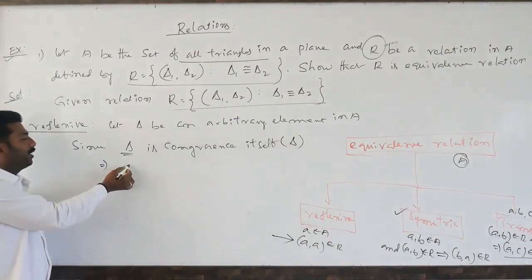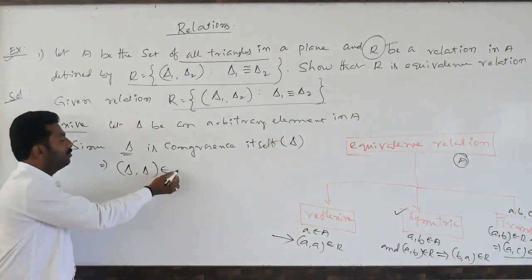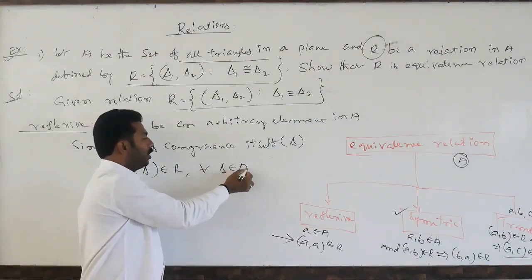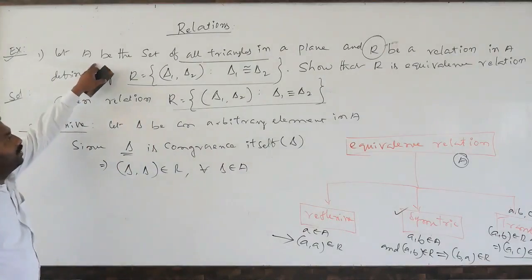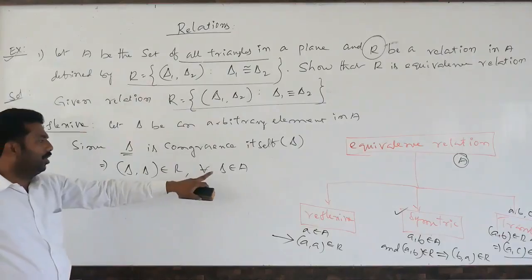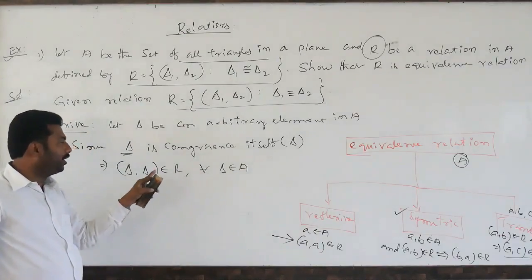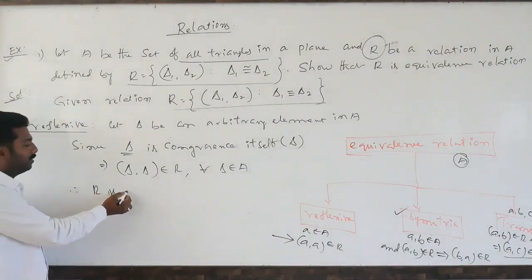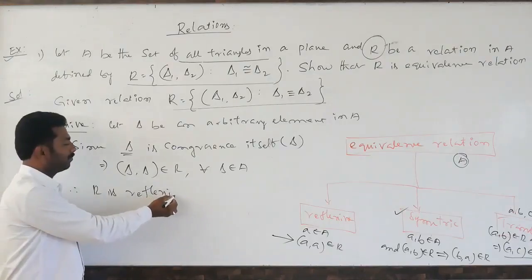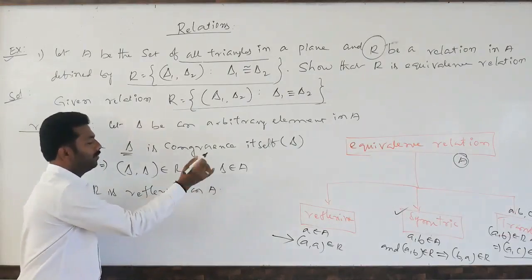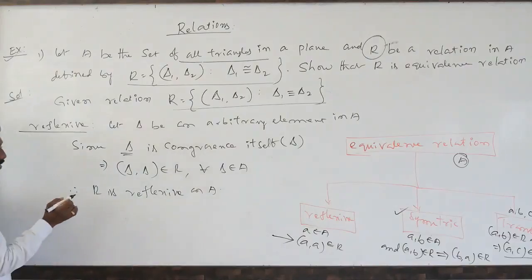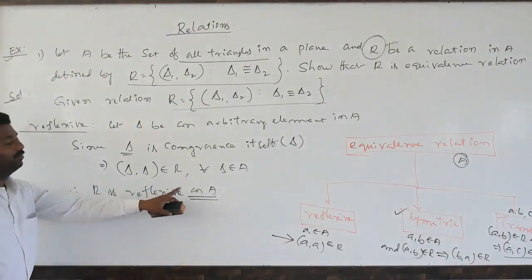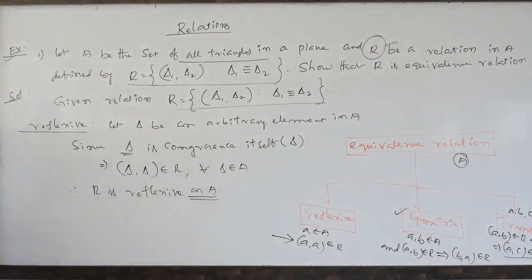So we can say that (delta, delta) belongs to capital R, which is true for every delta belonging to the non-empty set capital A. What is the non-empty set here? The set of all the triangles. From this non-empty set, any triangle you take, this condition holds good. Therefore, capital R is reflexive on capital A. While writing conclusions, you must write on the non-empty set capital A.